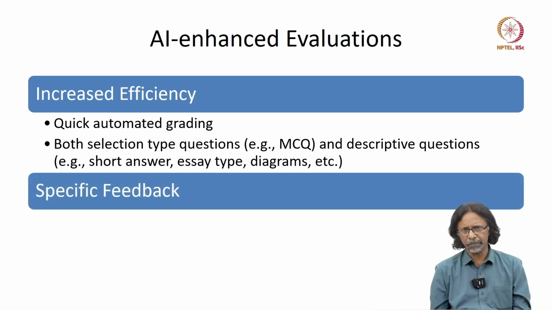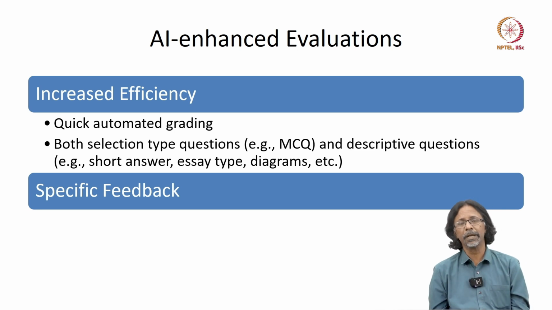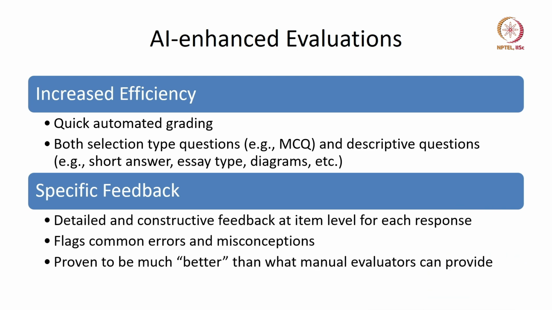automatically evaluated. The second biggest strength of using generative AI for assessment is the feedback that it is capable of giving. If we recall our own manual evaluations, we are faced with evaluating, say, 60 answer books in a given section.